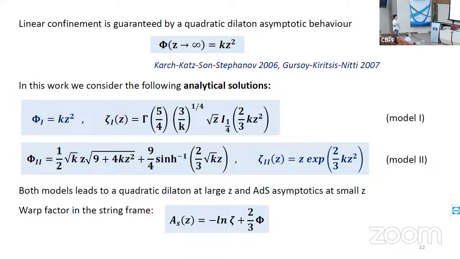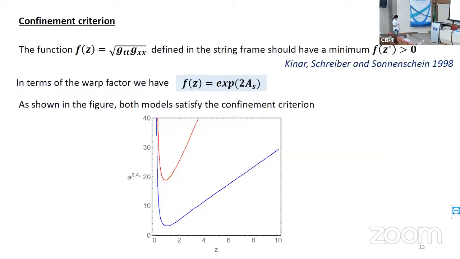And inspired by this, I consider these simple analytical models that satisfy this property. This is what I call model 1 and model 2. Just analytical solutions of Einstein-dilaton that satisfy this property. And in fact, I investigate the confinement criterion found by Kinar, Schreiber, and Sonnenschein.